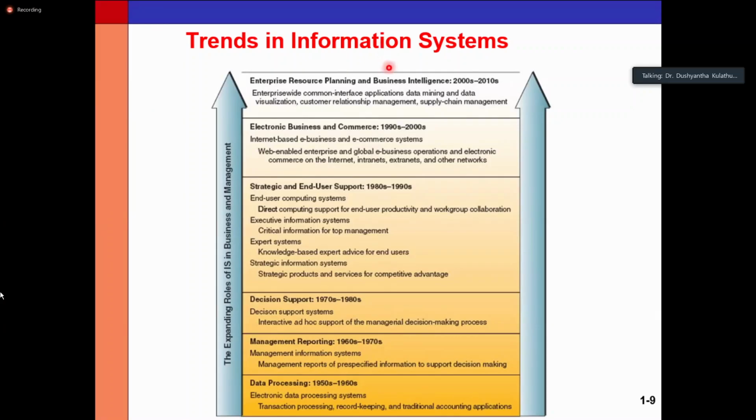Now again, there is a question posed here. When an organization doesn't have a computer and they are practicing manual data recording processes, do they have an information system? Yes, definitely. They have, and it is not a computer-based information system. They are manual information systems.